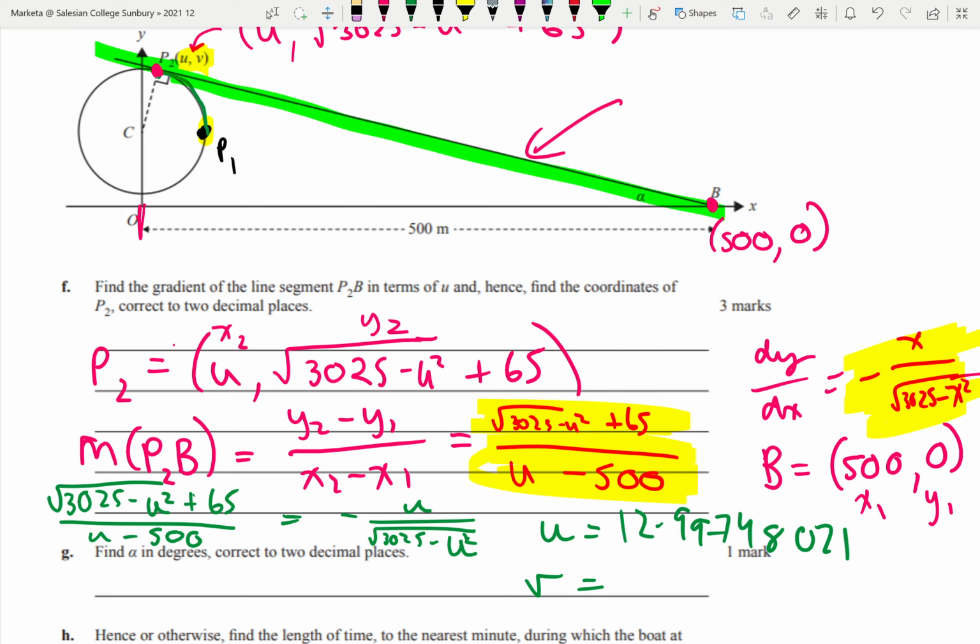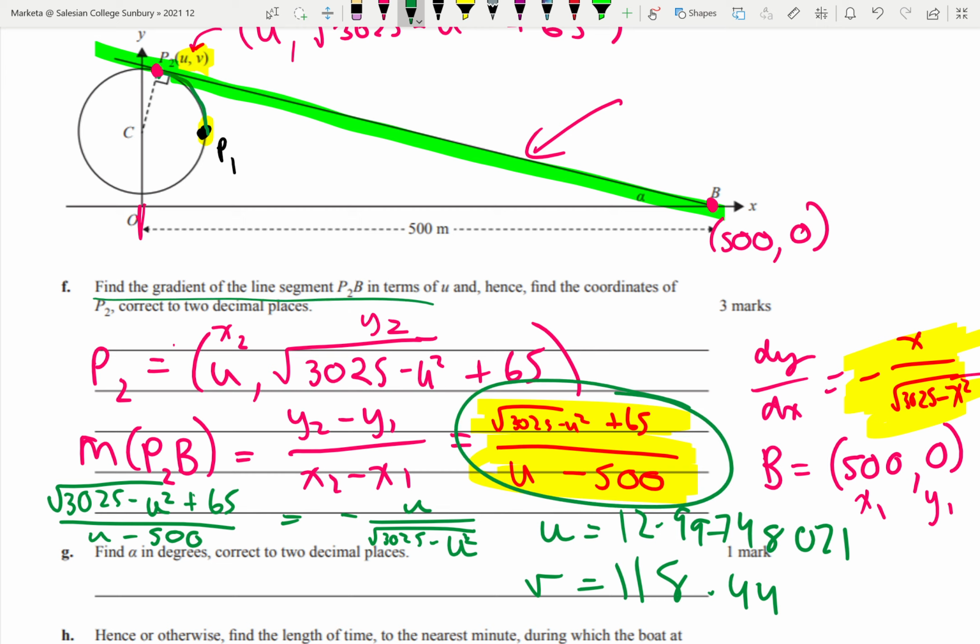Okay, so my v value, 118.44. So let's have a look. This u value, we're doing to 2 decimal places now. So I've found the gradient of the line segment.